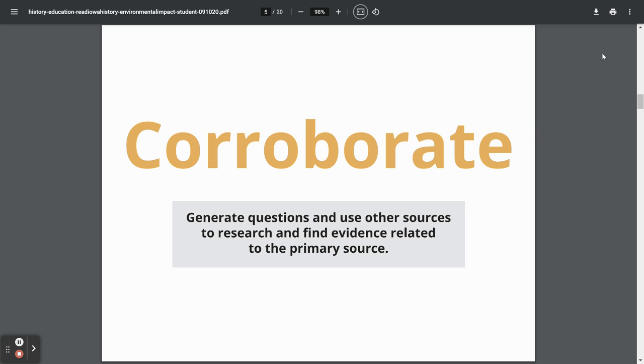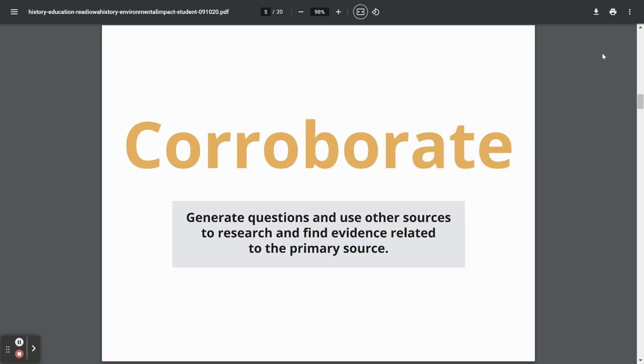The fourth step is to corroborate. This is a step where we will generate questions and use other sources to research and find evidence related to our primary source or our first source. This is a time where we might look up a different website and see if we find similar or the same information.